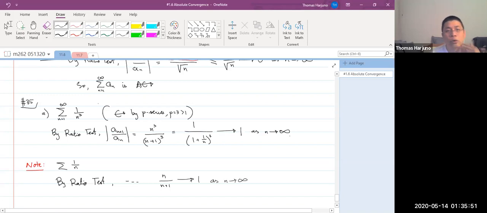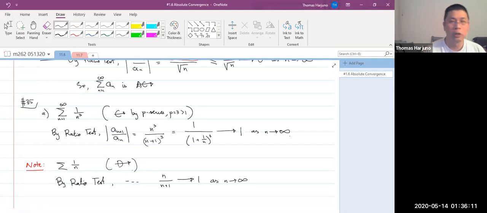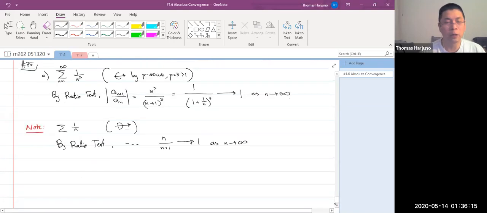So what happened here is you have two series, both ratio tests give us 1, but one of them we know to be convergent and the other one we know to be divergent. So I hope from here you confirm that if the ratio test gives limit 1, nothing can be said. You need to use another method.